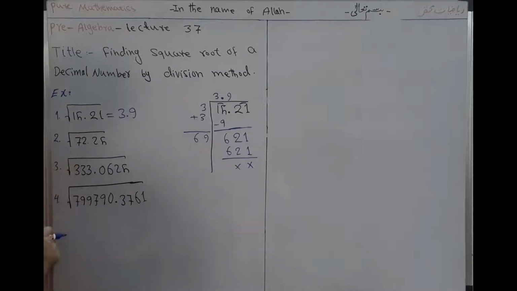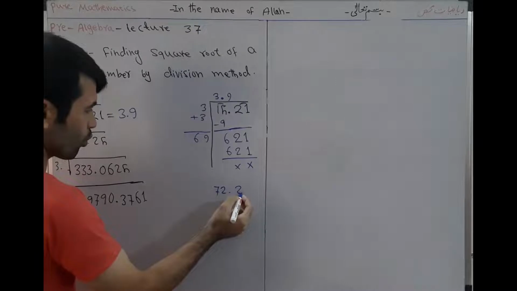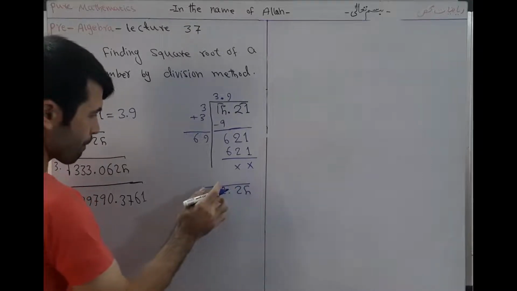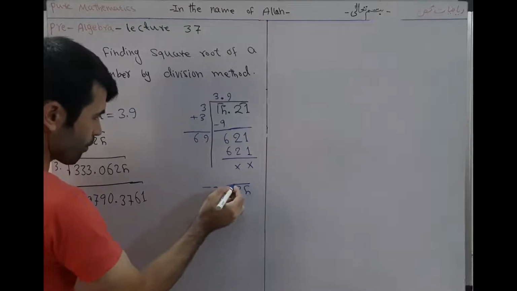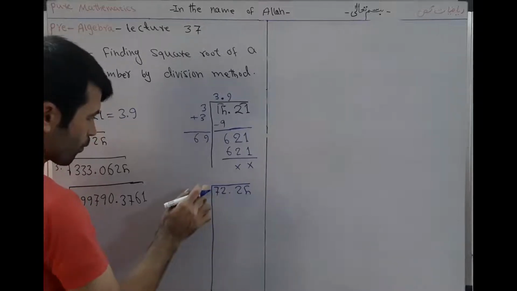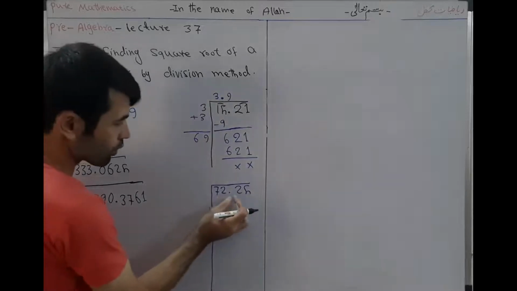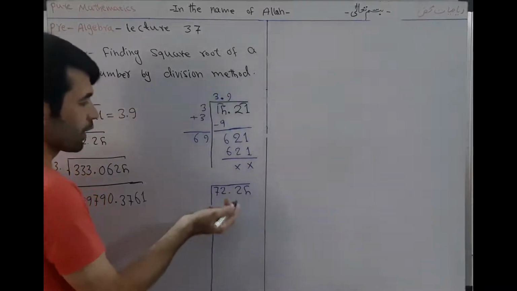Next one, 72.25. We want to find the square root of this number. Here we have two groups, 72 and 25.